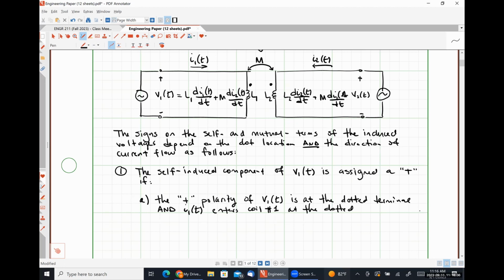So if we look at our schematic diagram here, the positive polarity terminal of V1 is on the same node as the dot here.